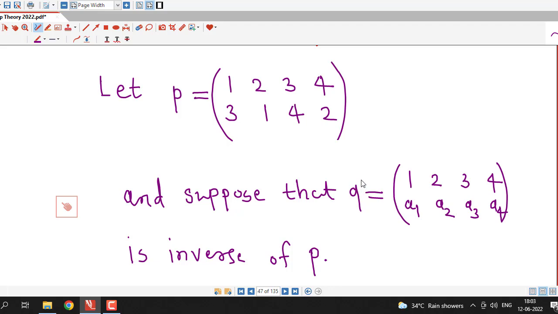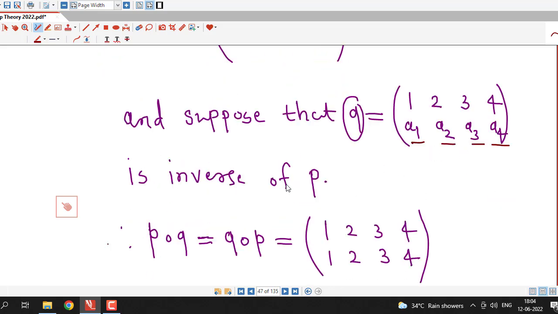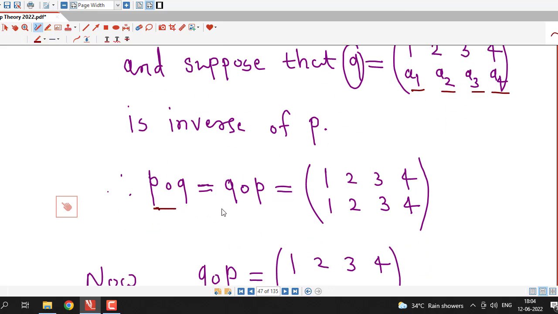First we assume that Q is the inverse of given permutation. We don't know the images for Q, so we assume that image of 1 under Q is A1, image of 2 is A2, image of 3 is A3, image of 4 is A4. Then we use the definition of inverse. Because P and Q are inverses of each other, their composition must be equal to identity permutation.